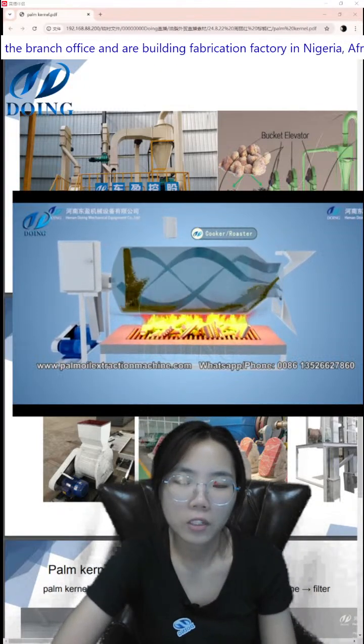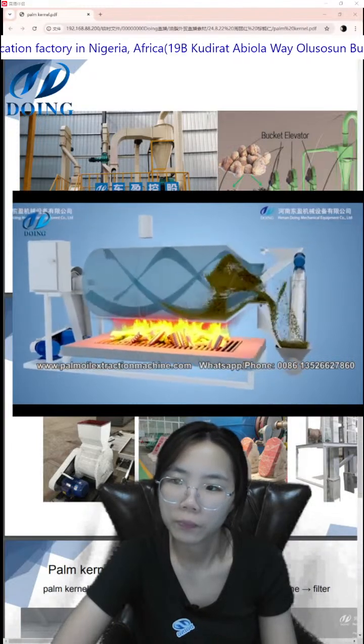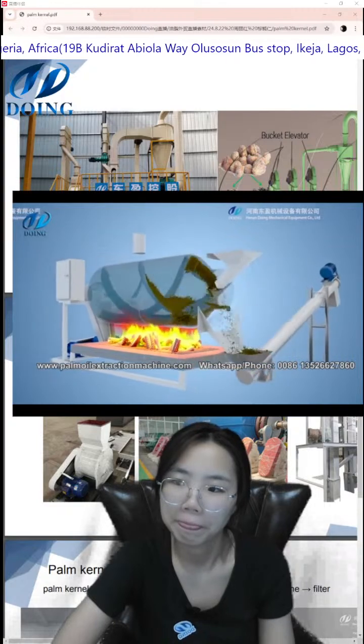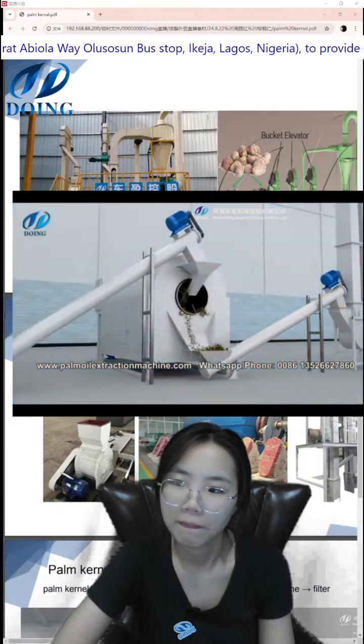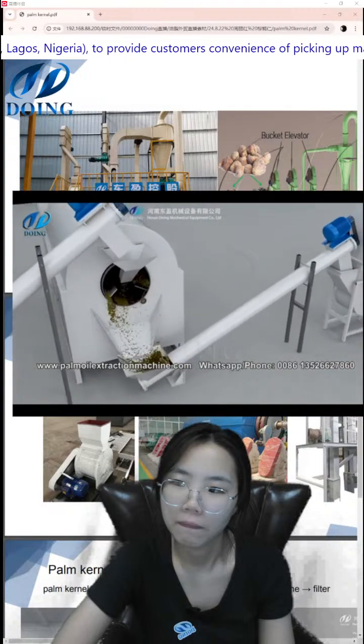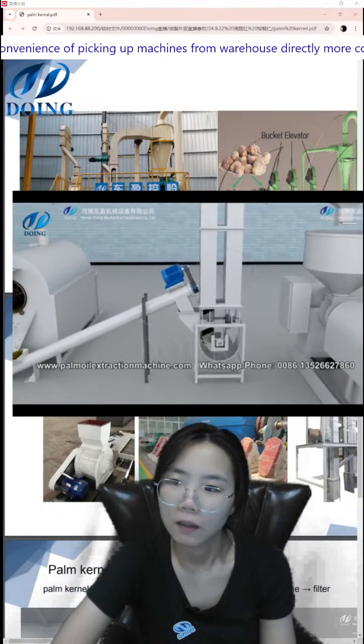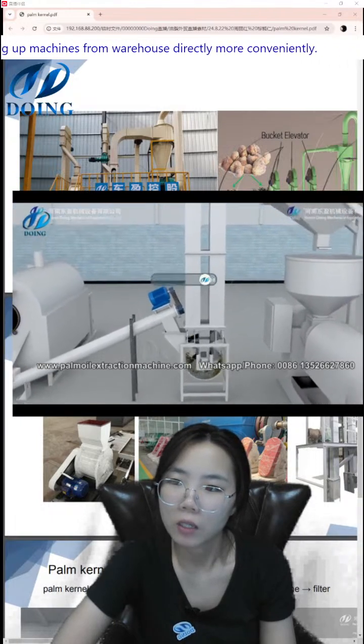So by the bucket elevator, the palm kernel enters the next stage. We can see this video. This is the bucket elevator.